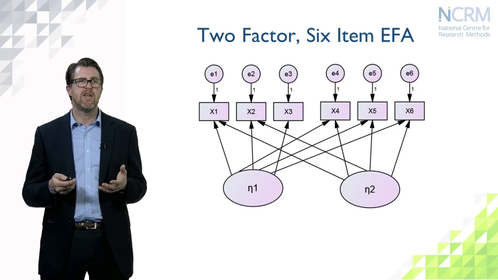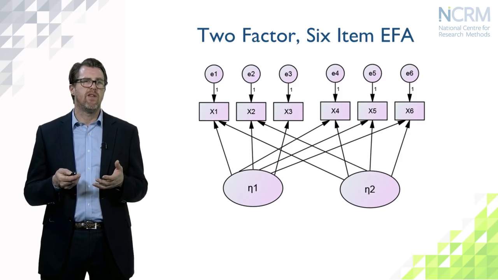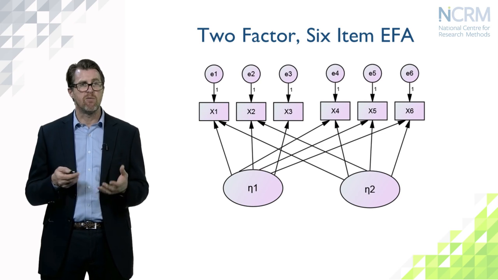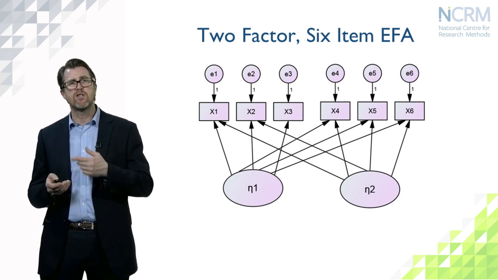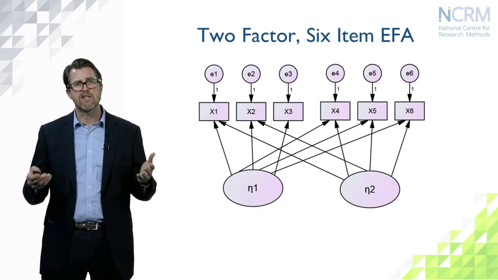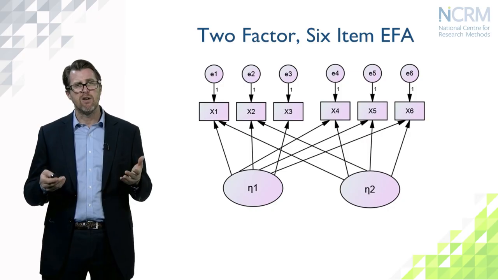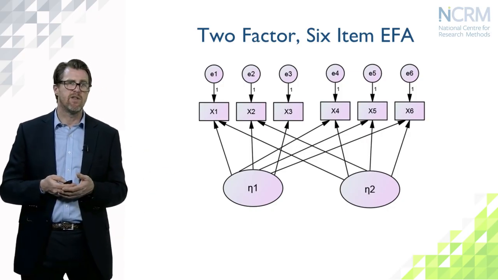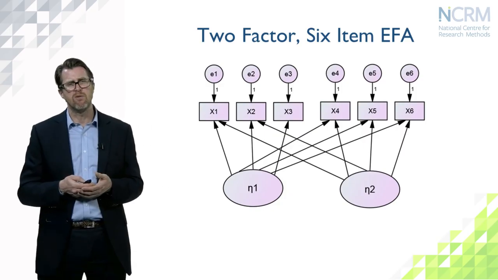But what you also see here still is that there is a single-headed arrow running from each of the 2 latent variables, eta1 and eta2, to all 6 of the observed variables. So we are estimating a correlation between each factor and each of the observed variables.